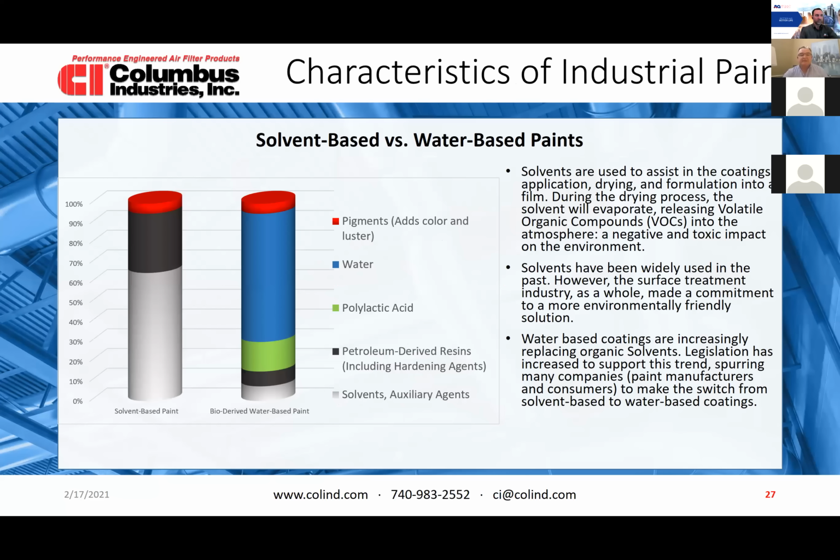When you do that, this is what happens. This is a solvent-based paint, the diagram of a solvent-based paint. It is, as you can see, made of pigments. It is made of petroleum-derived resins, which is what we're talking about, these elements. And a big portion of it is the solvents or the auxiliary agents.